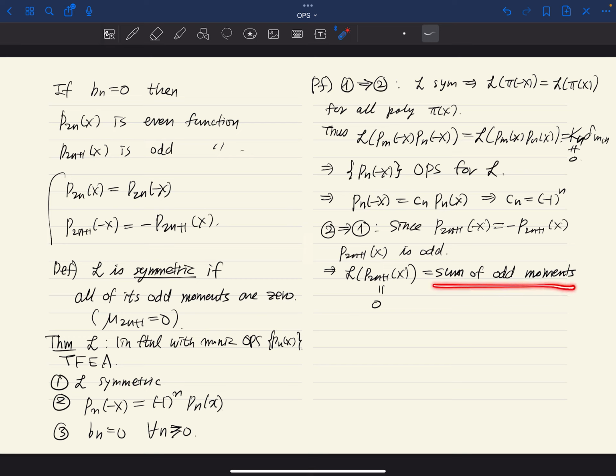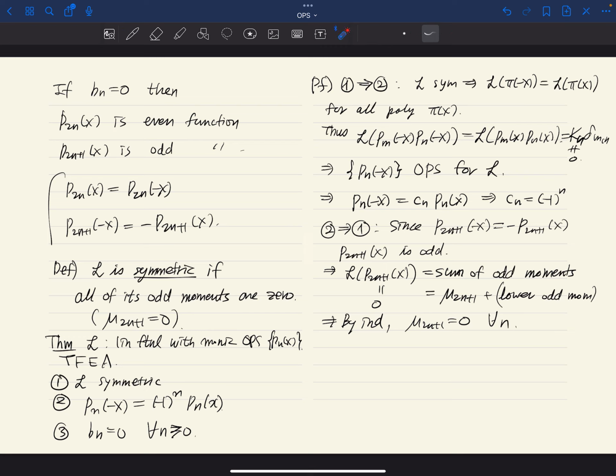So the sum of all the odd moments is 0, but actually μ_{2n+1} appears with coefficient 1 plus lower odd moments. We may have some multiple there, but this is okay. By induction, first μ_1 will be 0, and then μ_3 is 0 because of this. μ_5 is 0, so μ_{2n+1} is 0 for all n.